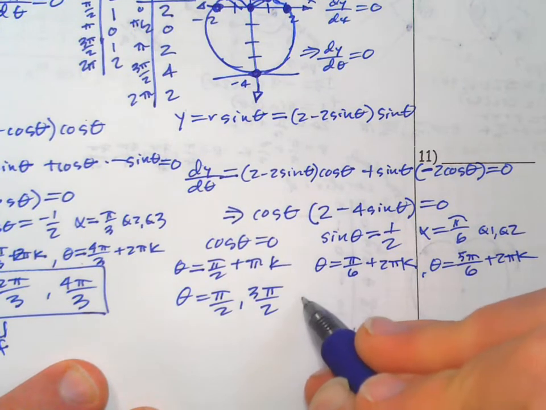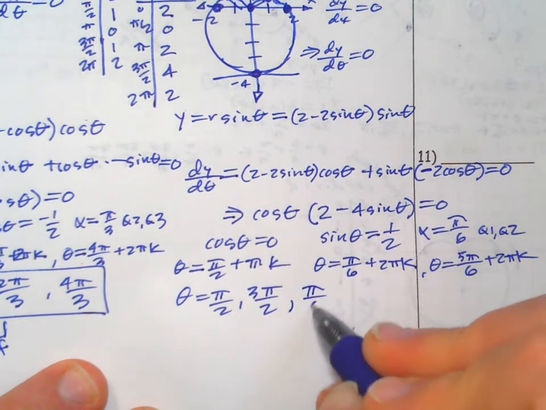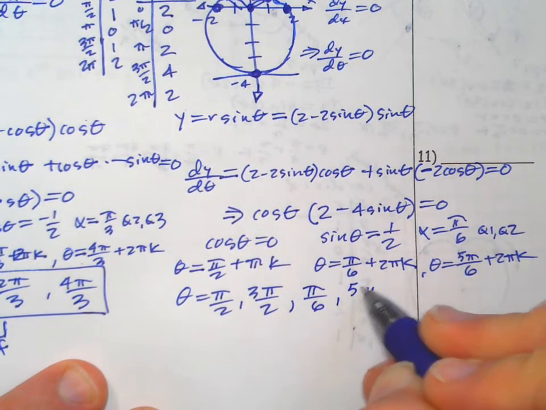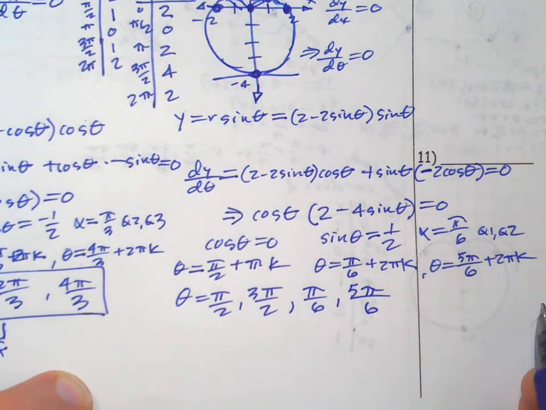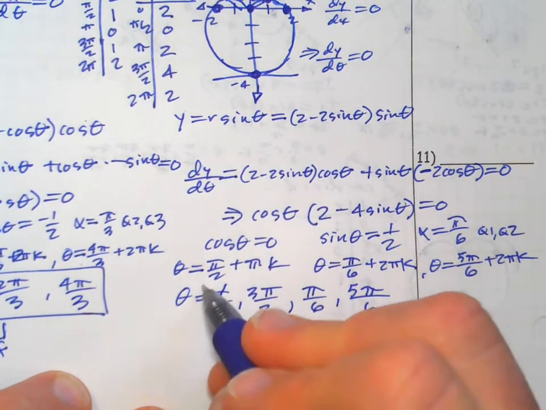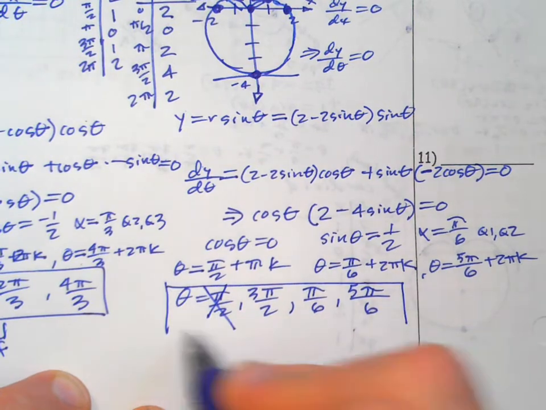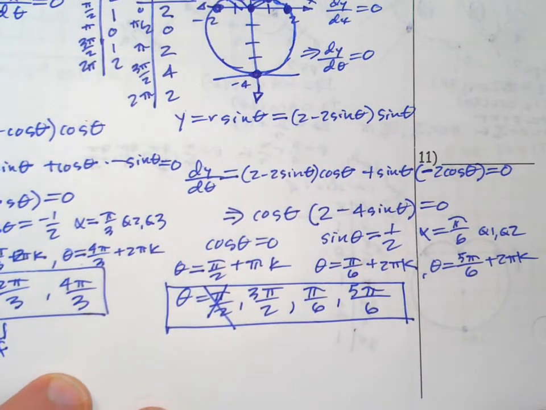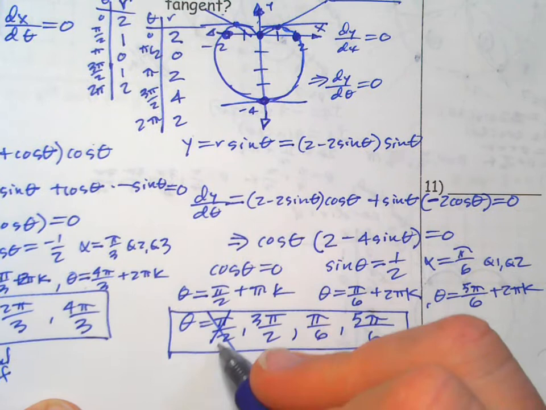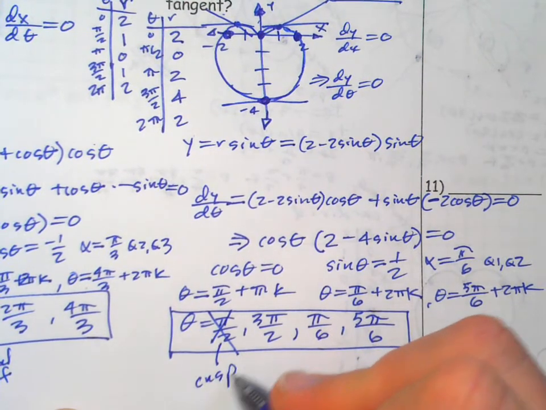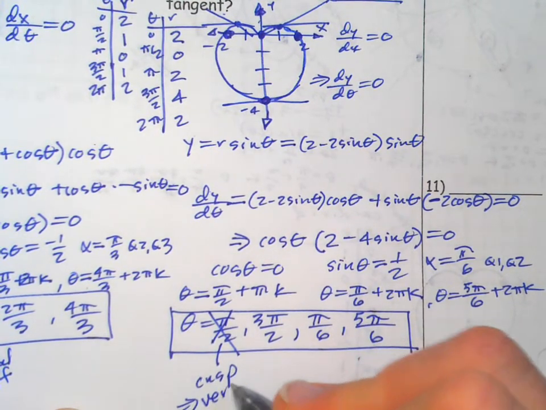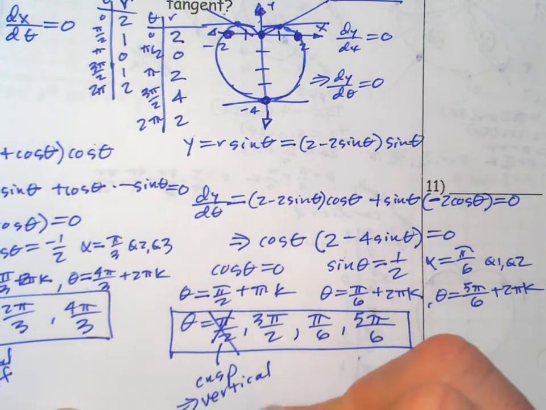And so we're going to get π/6 and 5π/6. Now, this is the one I think we need to throw out, because that's where you get the cusp. And you could say, cusp, it's going to be vertical based off the graph.